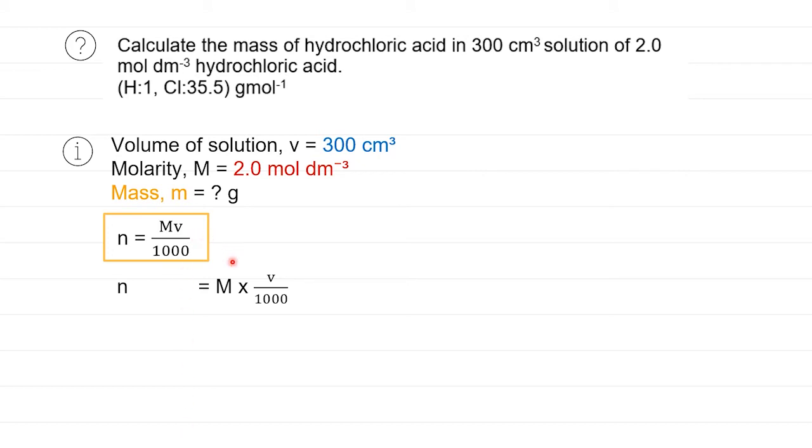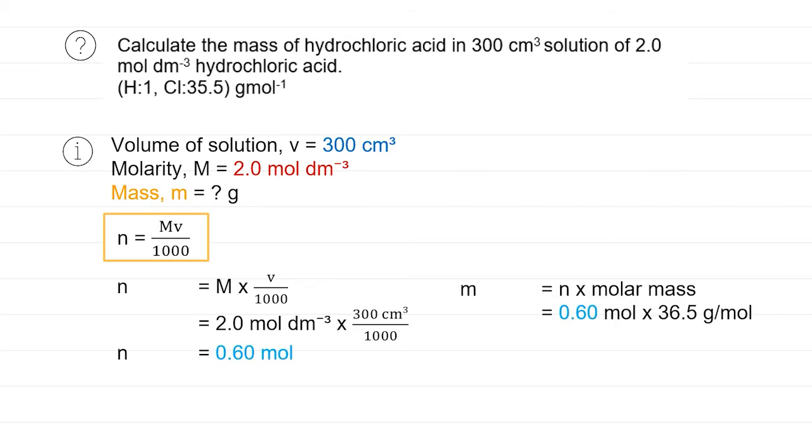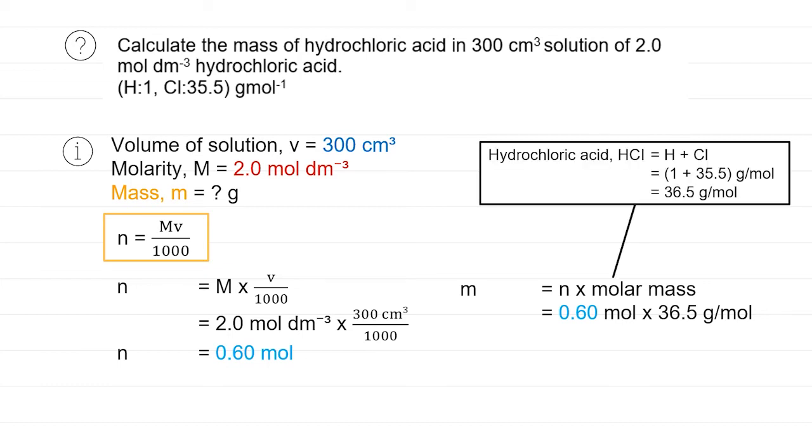Substituting, the molarity is 2 and the volume is 300, and we get 0.6 mole. To find the mass, we multiply the mole by the molar mass. How do we get the molar mass? The molar mass of hydrochloric acid is obtained by adding hydrogen, which is 1, and chlorine, which is 35.5 gram per mole, giving 36.5 gram per mole. So the answer is the mass of hydrochloric acid is 21.9 gram.